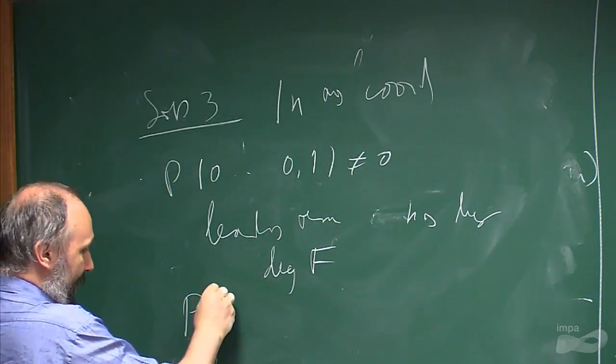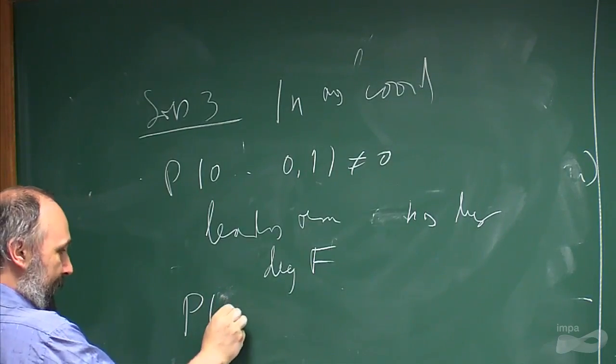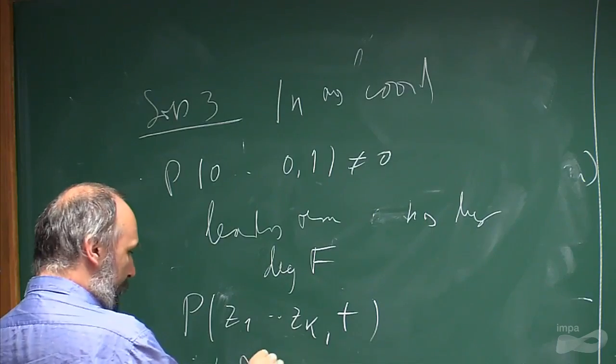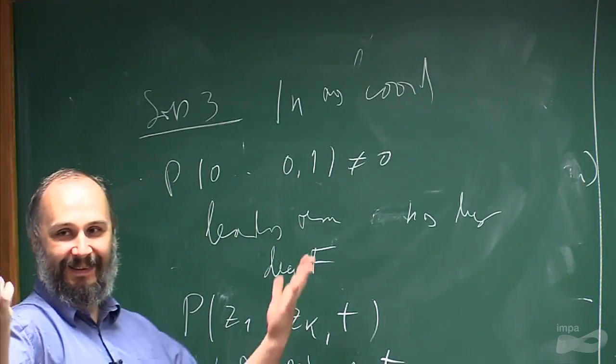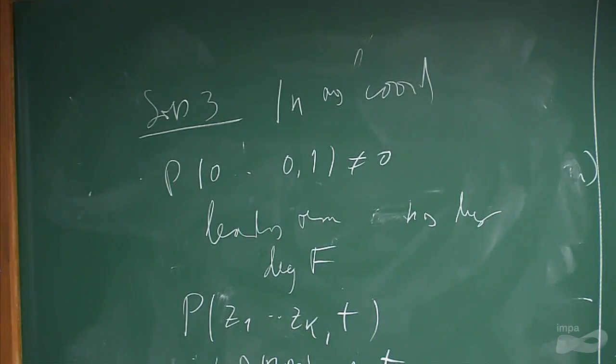Then we can express P from Z1, ..., Zk, and P is monic in T. We're done, because this is what we needed, right? What we needed is that the coefficient under the biggest power of T is non-zero, and we have it.